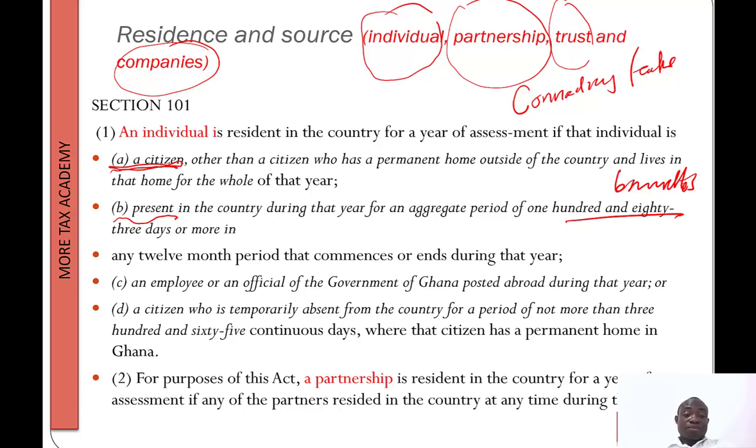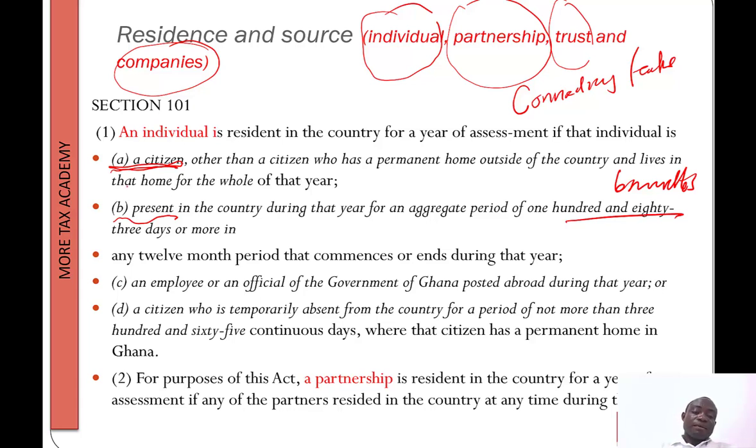In other words, we consider them as residents. So, though you are not physically present, as long as you are an employee or an official of the government of Ghana and you are working in the embassies, the international law even states that the embassies are territories of Ghana. So there's no confusion about it at all.